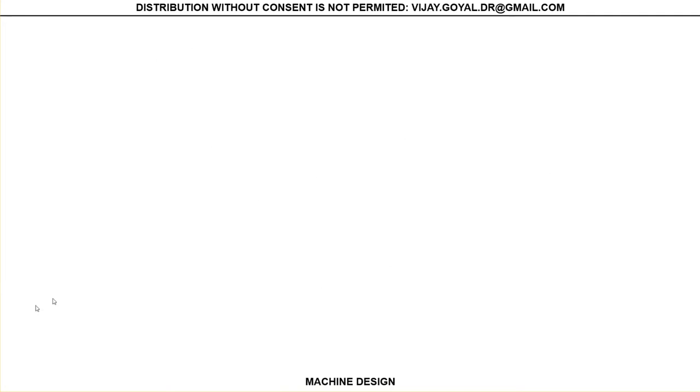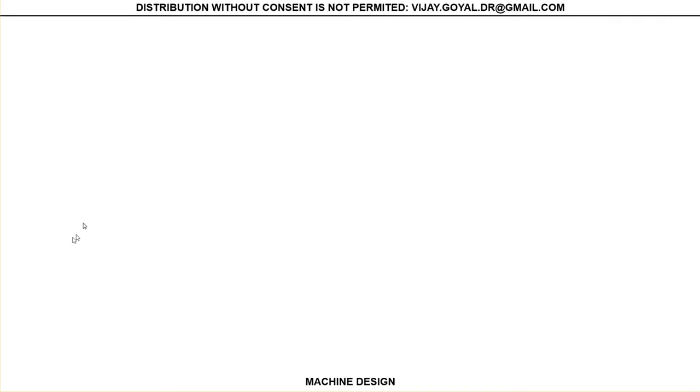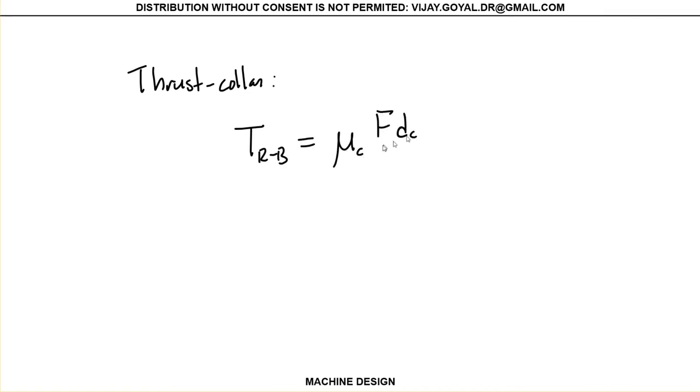Then this is just the screw nut interface. You also need to find the thrust collar contribution. That would be TRB is equal to mu C F dc divided by 2. So I have all these quantities replaced, and I find this is 175 inch pounds.